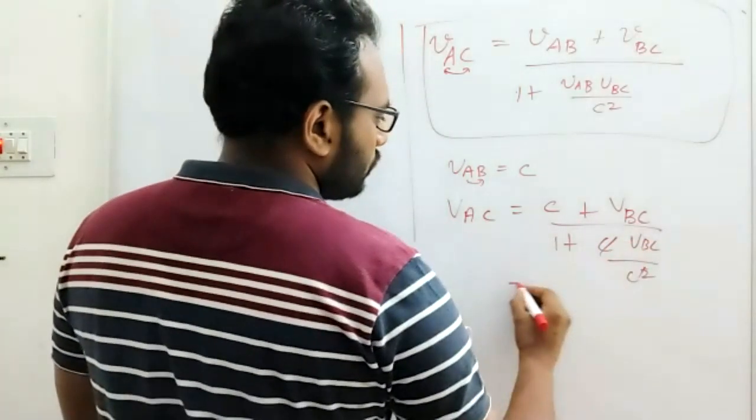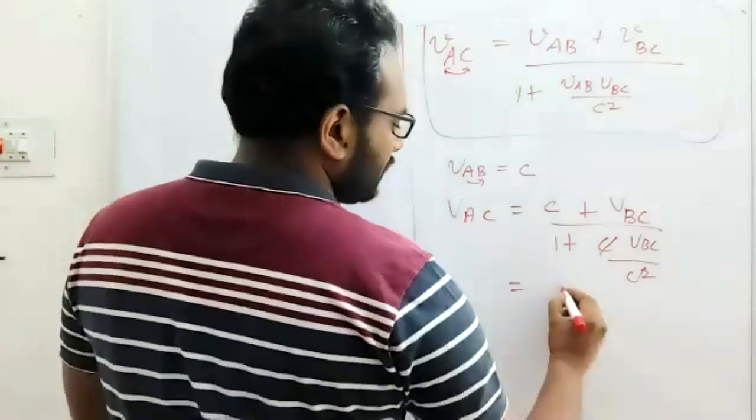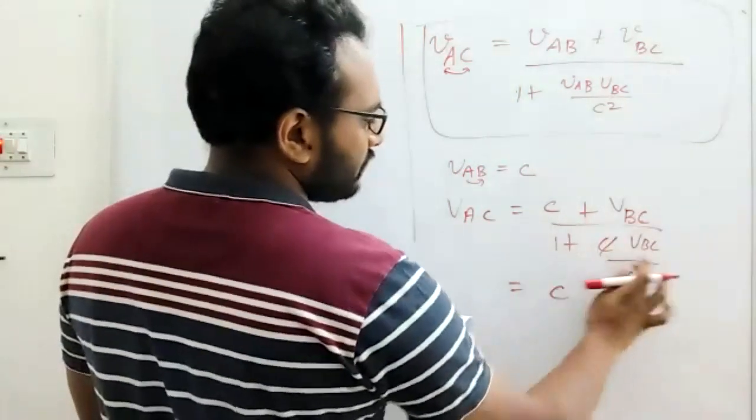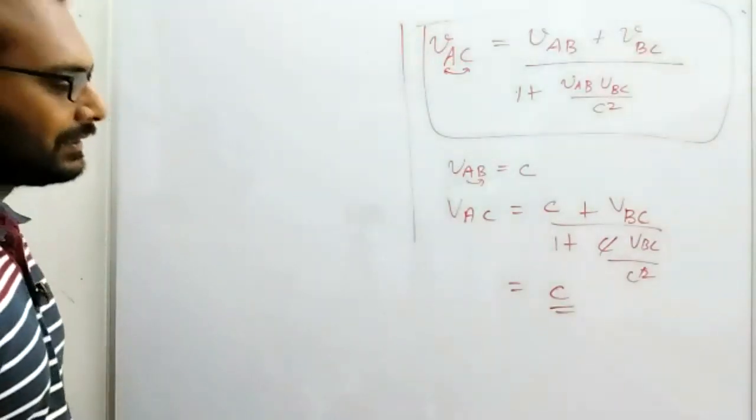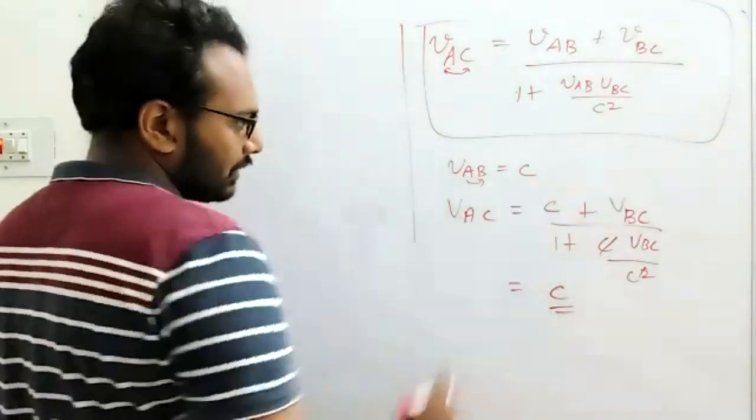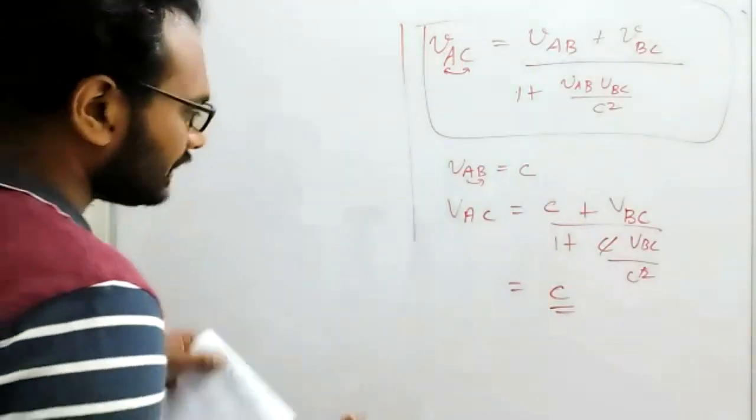So this is equal to C plus VBC by C plus VBC by C, which is equal to C. You see that the speed of light does not change according to Einstein's rule for velocity addition.